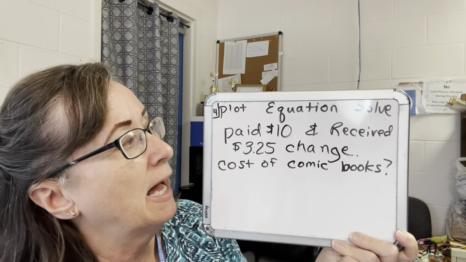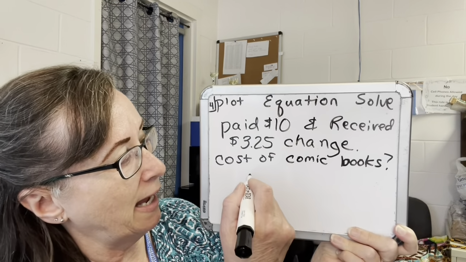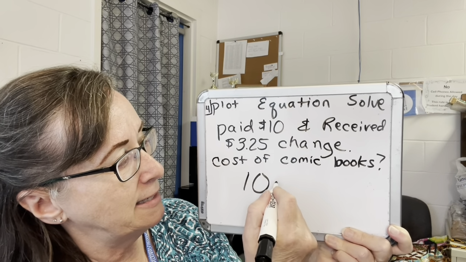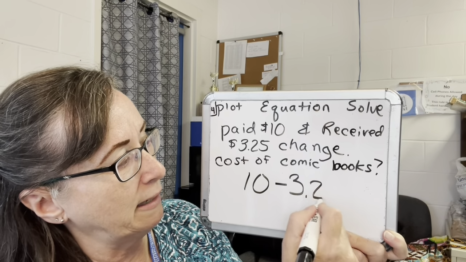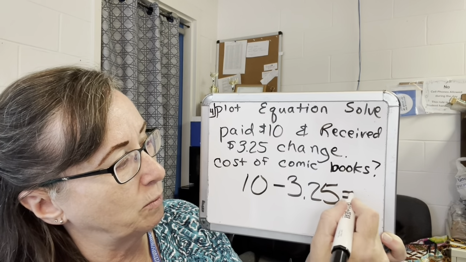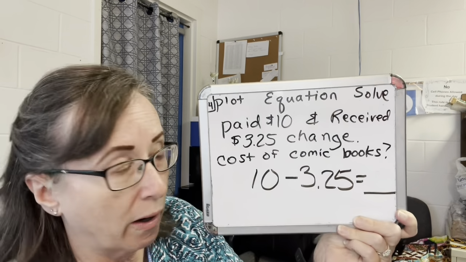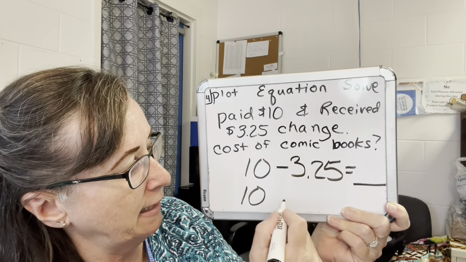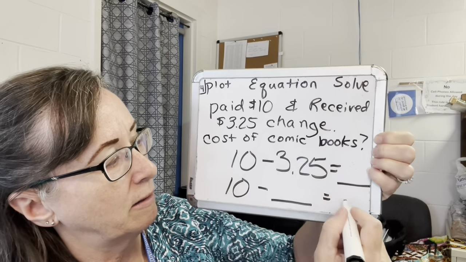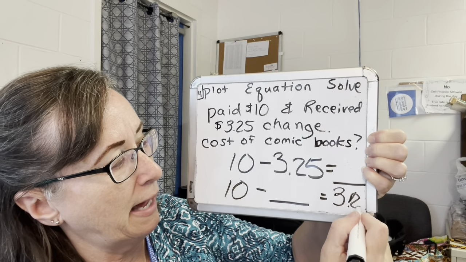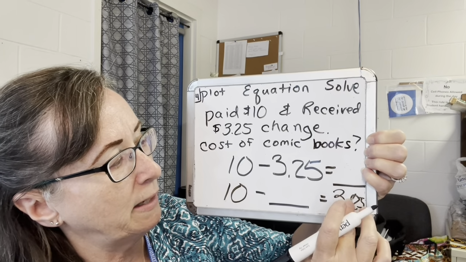That's fine. Equation, we should have 10 take away 3.25 equals what? Or we could say 10 take away what is 3.25. We could do it either way.